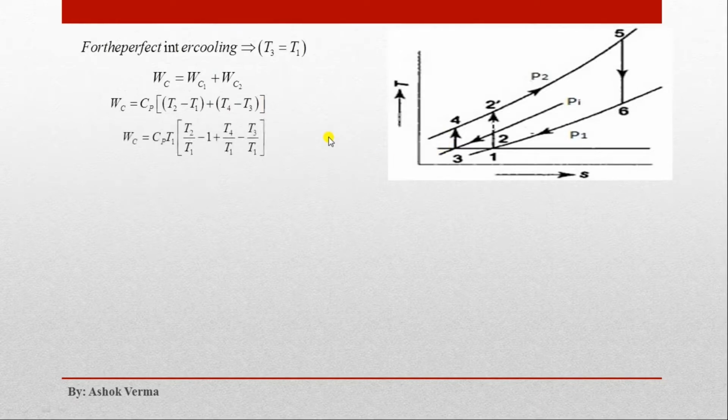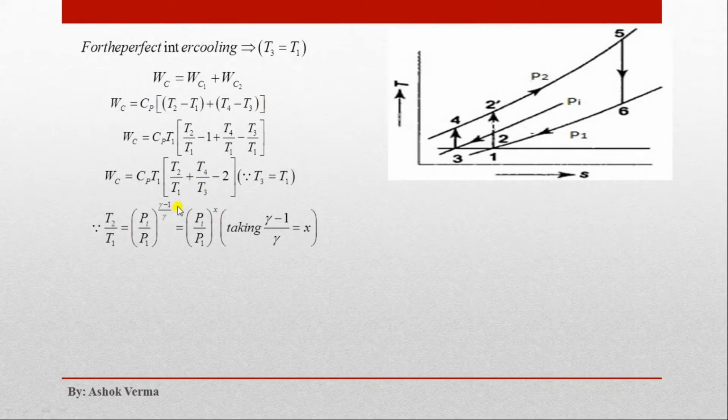So if you take T1 common from this, then you will get this, and since T3 is equal to T1, then this will be 1 and this will be 1. So this will be minus 2, T2 by T1, and since T1 is T3, so we are putting here T3, so T4 by T3.